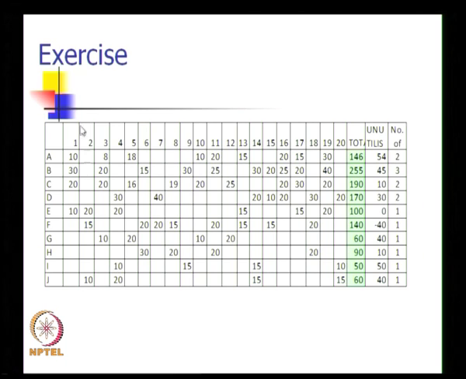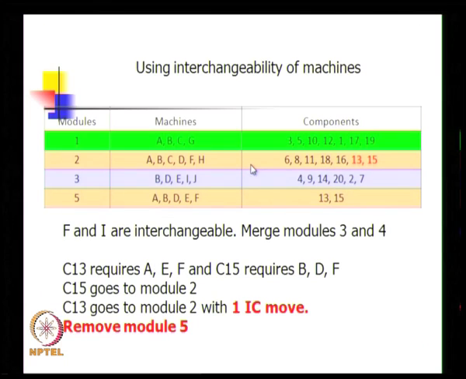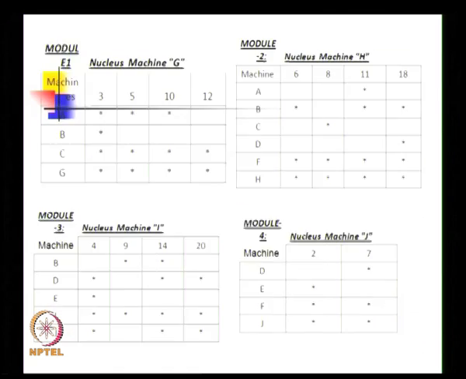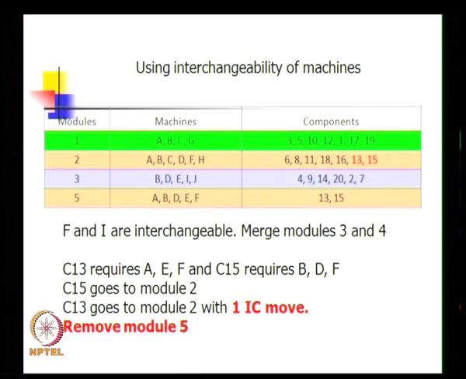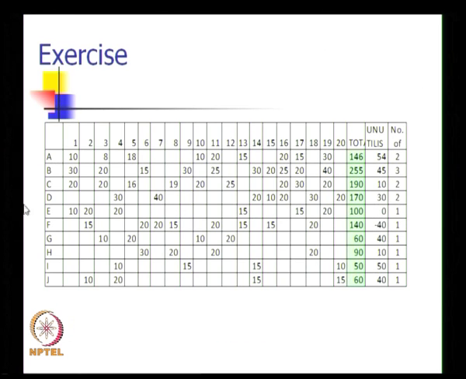So, these are the components that require A, and then we add up the loads: 36, plus 10, 46, 46 plus 15 is 61, plus 30 is 91.